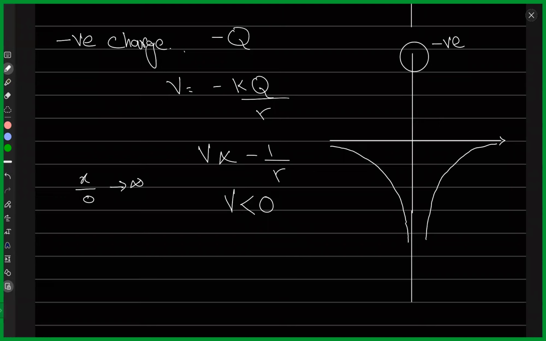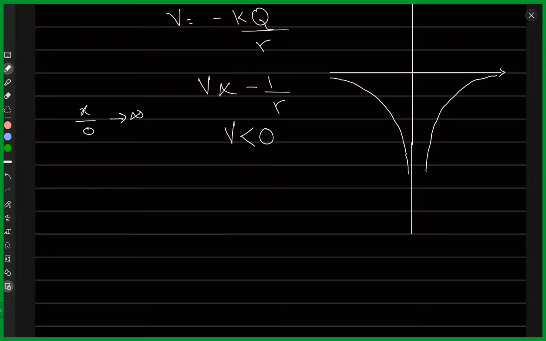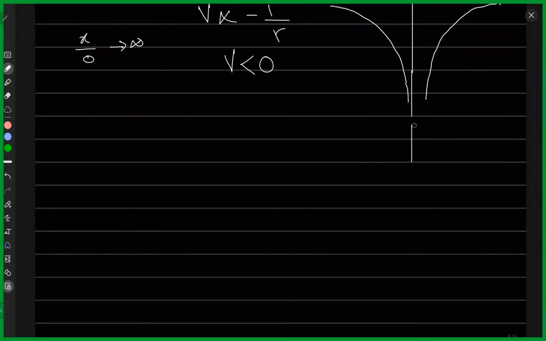Okay, so that is this. Now let's try to do an example. Let me consider an example. Let me write it over here. Consider that I have a positively charged particle, and this positively charged particle is moving in some direction.